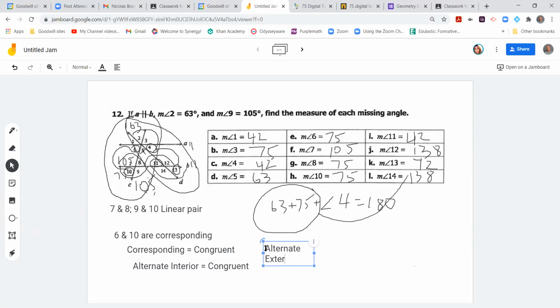That's why I've been stressing the importance of these definitions, because now when we start looking at parallel lines, we have some extra things that we can rely on that's going to help us with angle measurements. The fourth one, the one that's not giving us a congruency, is consecutive interior.